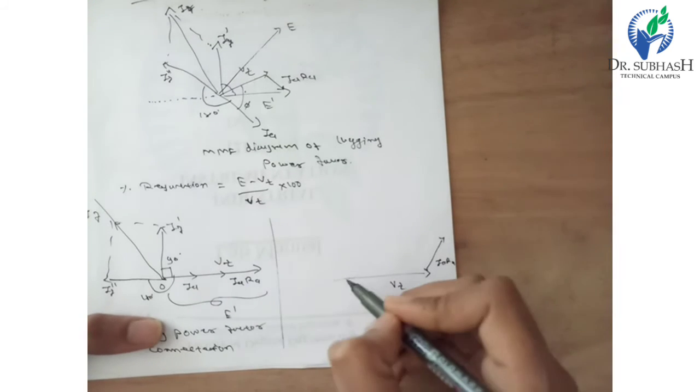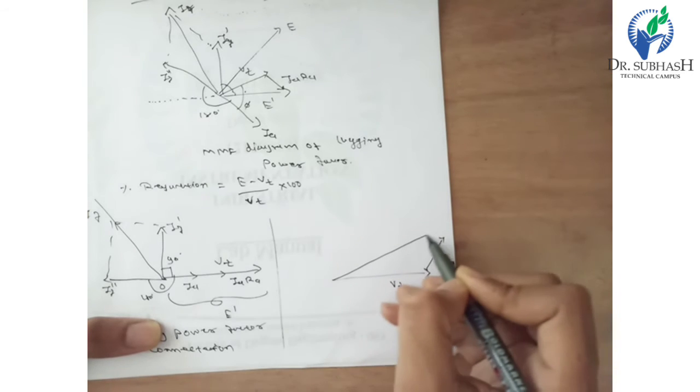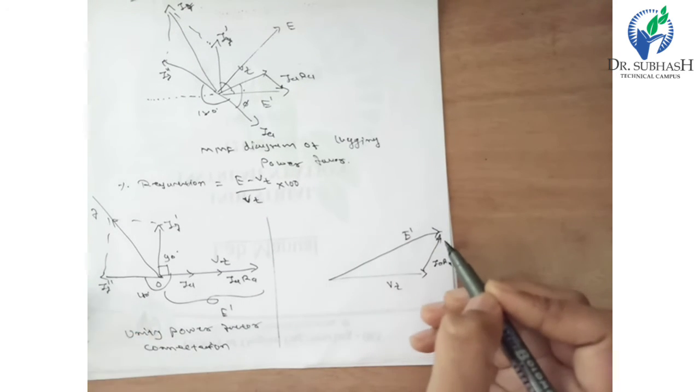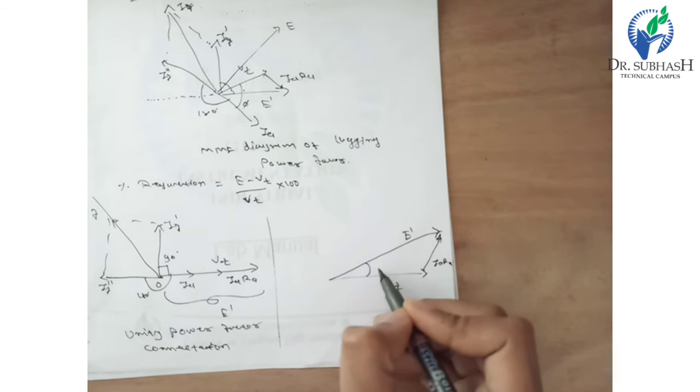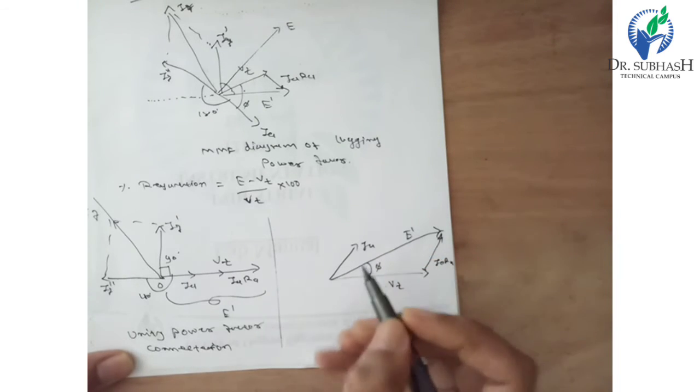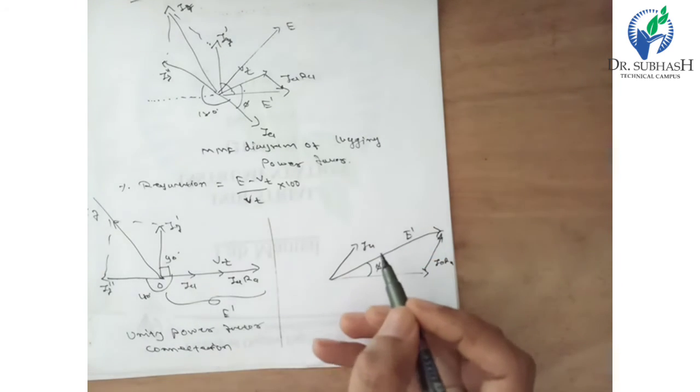For the value of E dash, there is an angle phi between them. Now we draw the armature current and the field current.